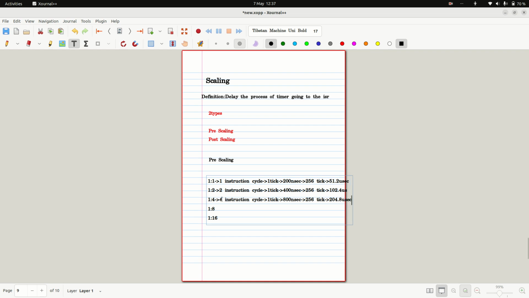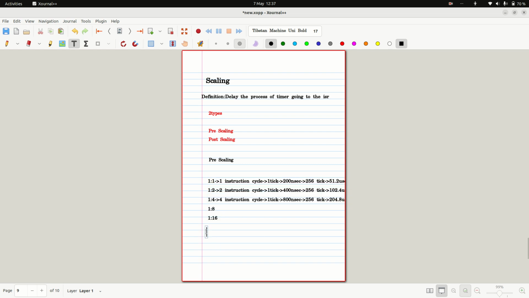This is 1:4 scaling. Similarly, go with 1:8 and 1:16. Same thing. This is about pre-scaling.